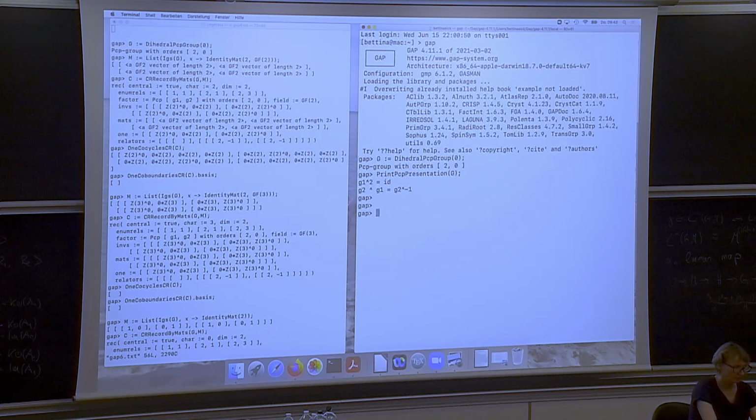Now we need to get a module. As I say, the trivial module is always easy to write down. Describing a module in GAP means that for every generator of your group, you have to write down what the acting matrix is.